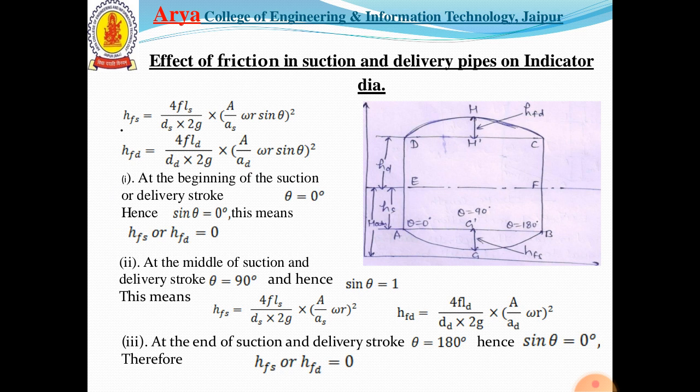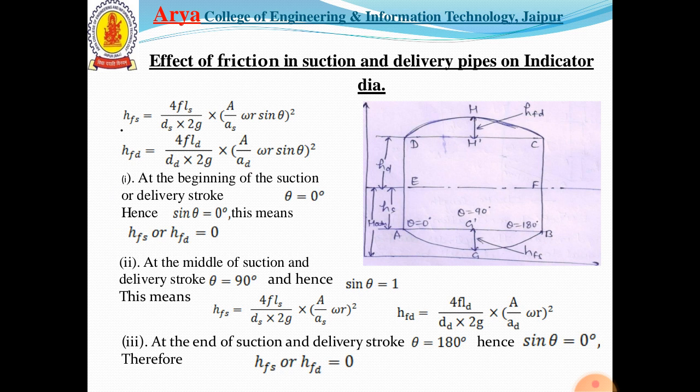Similarly, HFD equals 4 f LD upon dd into 2g into (A upon AD omega r sin theta) whole square. From the above equations, the variation of HFS and HFD is parabolic with theta during the suction and delivery stroke. The pressure head inside the cylinder will change with the given equations.